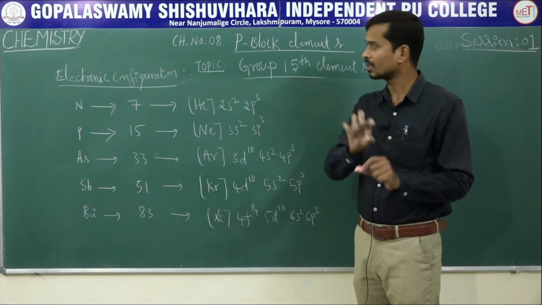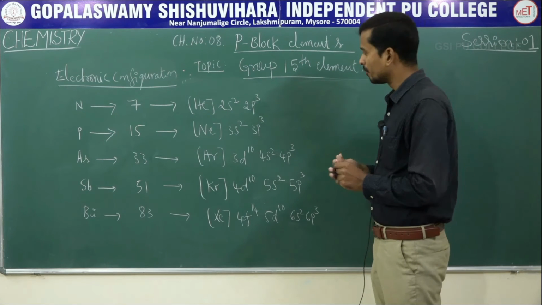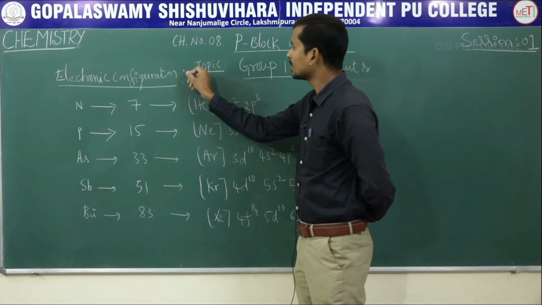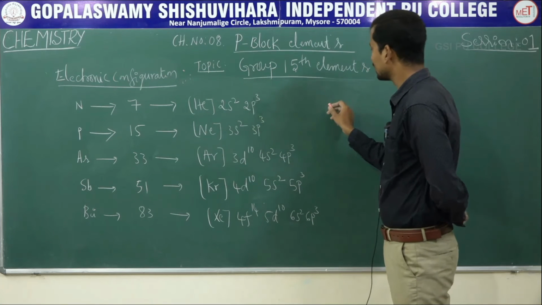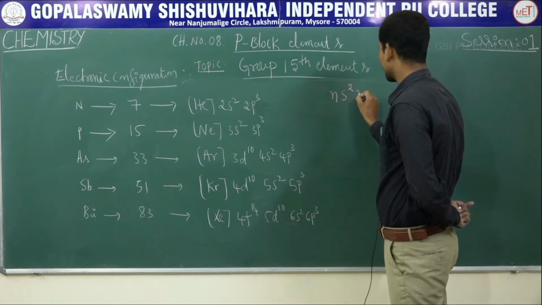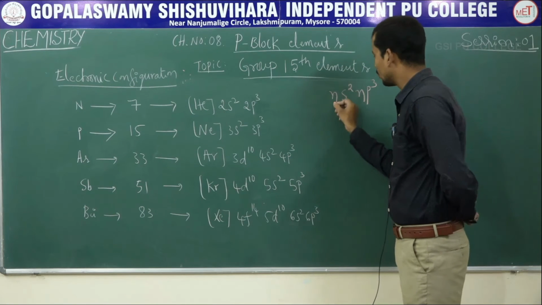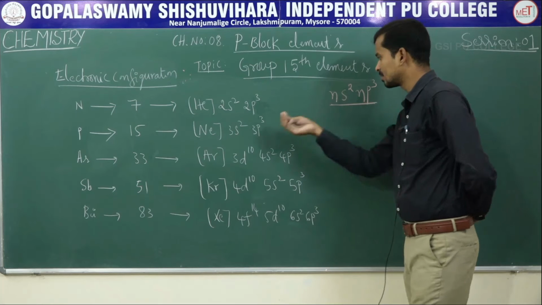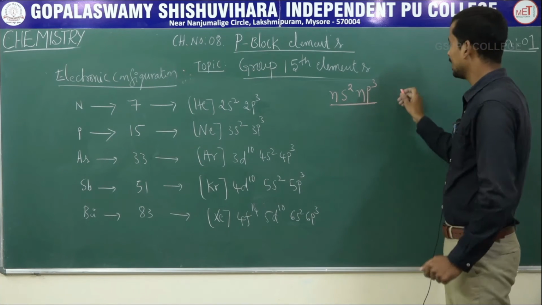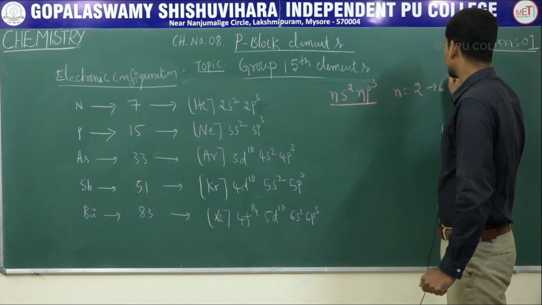Electronic configuration is the distribution, or arrangement, of electrons in various atomic orbitals. What is the general electronic configuration of group 15 elements? ns2 np3 is the valence, last shell configuration. n varies from 2 to 6.